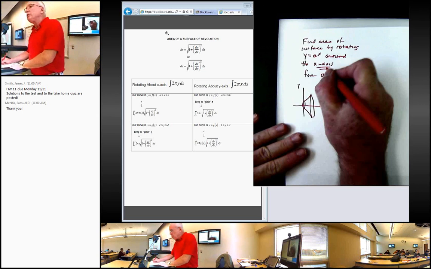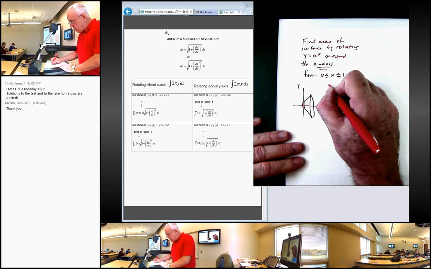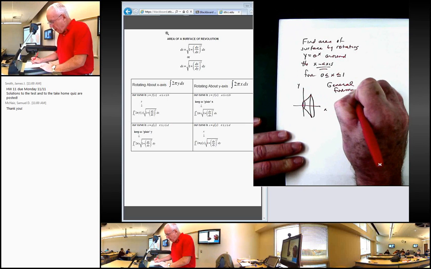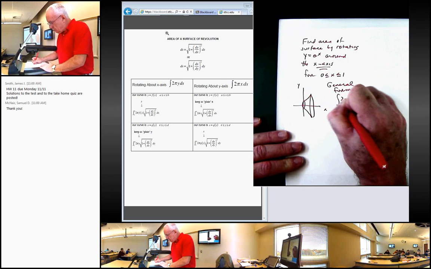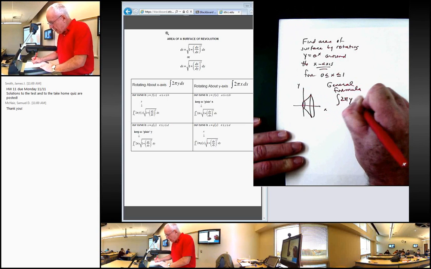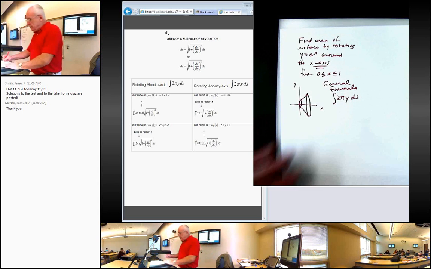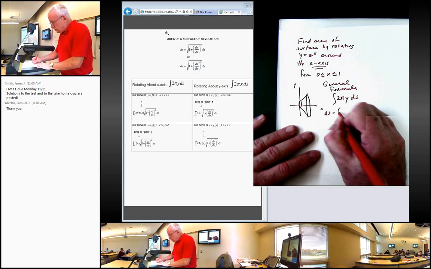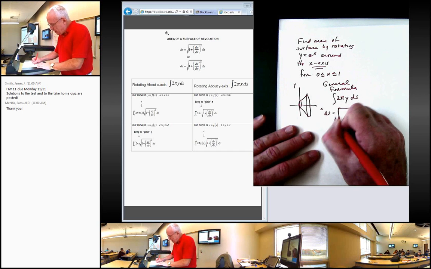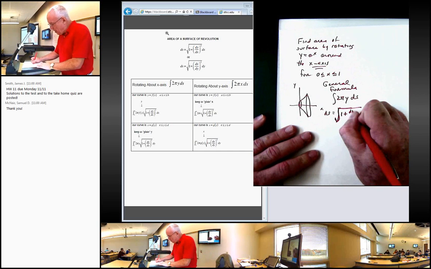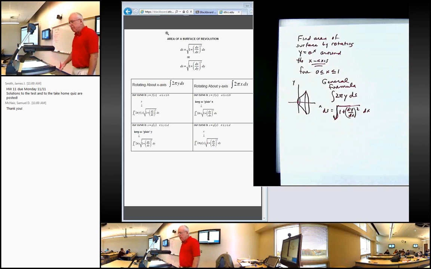So because we're rotating it around the x-axis, then our general formula is going to be the integral of 2 pi y ds. And we're going to use the ds equal to the radical 1 plus dy dx squared dx. We're going to use that one.